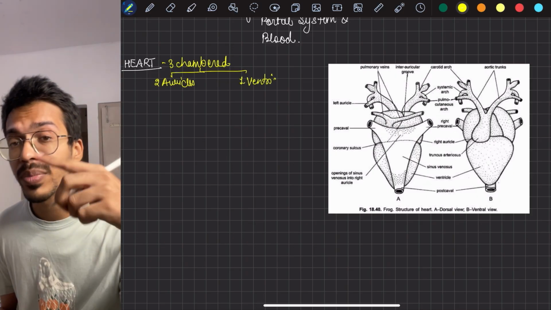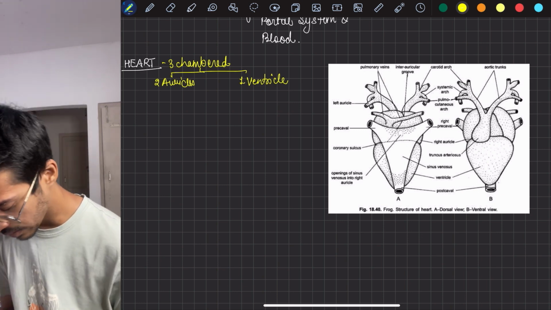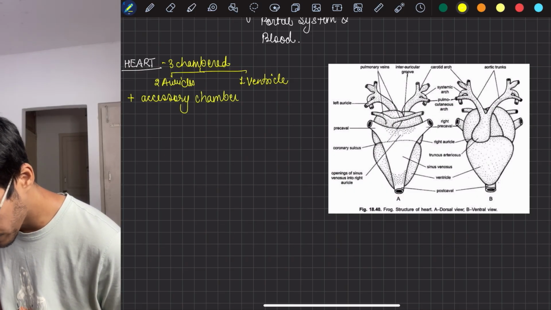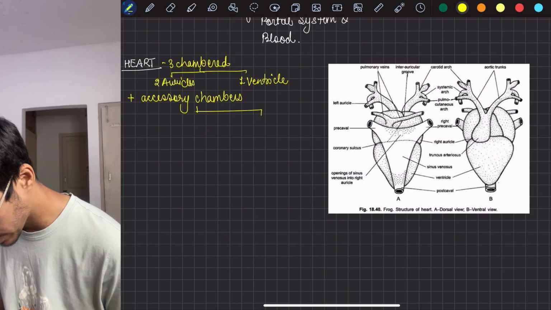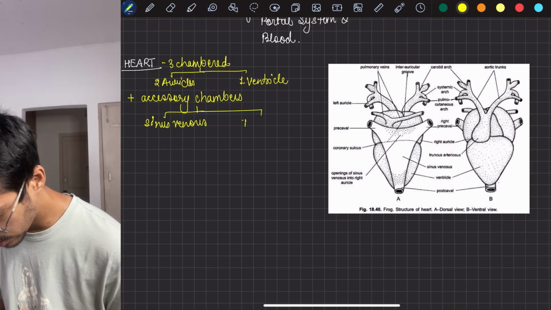Along with that, there is a presence of accessory chambers on the dorsal and ventral side. Here you have to remember which ones are present: one is the sinus venosus, another is the truncus arteriosus.